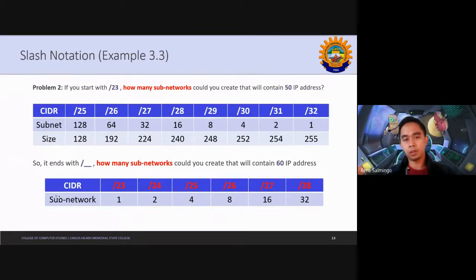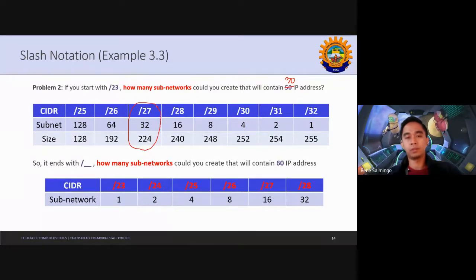Let's say the same again: we start with /23, but we will change some important values. We need only 30 connections in a laboratory, 30 IP addresses. For 30 IP addresses, how many subnets do we need? To consider, you will have /27, right?